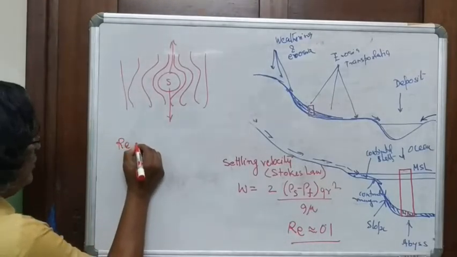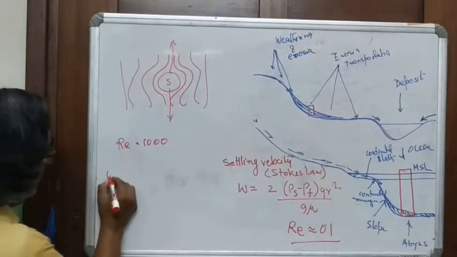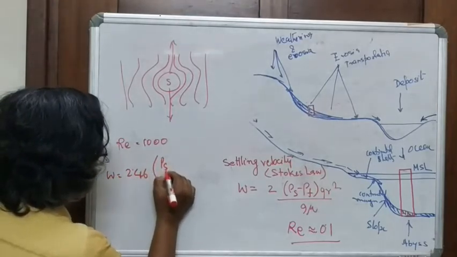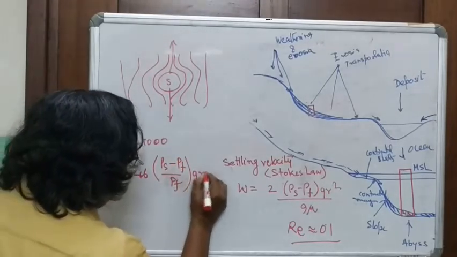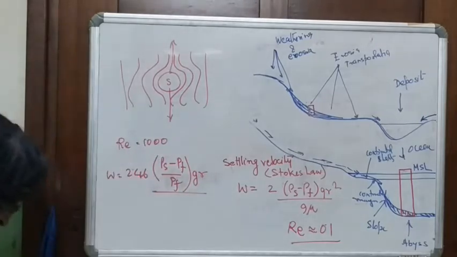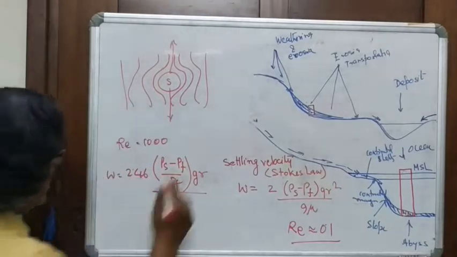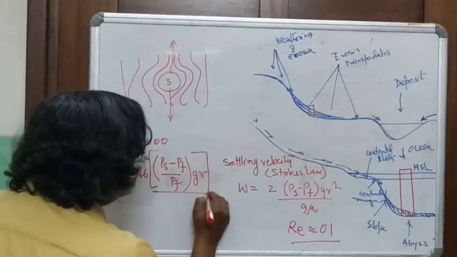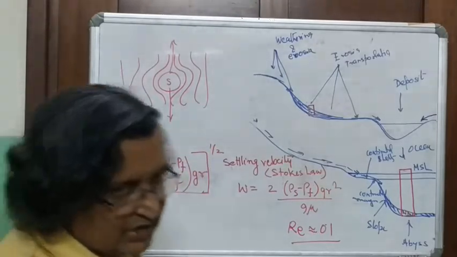For Re value around 1000, Newton modified the settling velocity: W is equal to 0.46 times rho s minus rho f by rho f, into g into r, the whole thing to the power half. So this was given by Newton for the settling velocity.